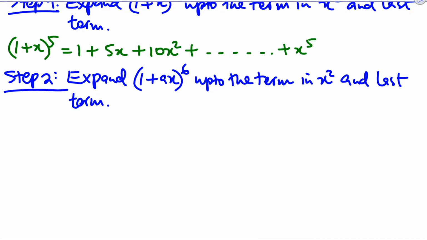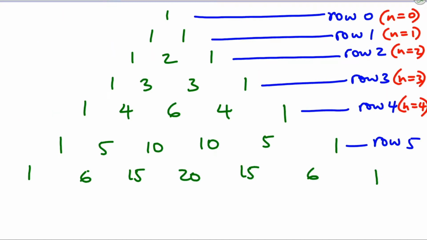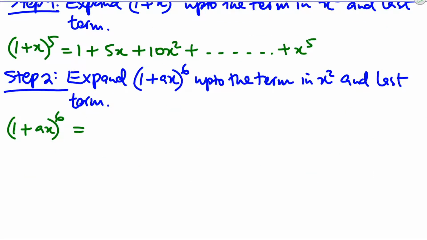So what I mean here is this. We are going to have (1 + ax)^6 being equal to, and the coefficients again are here, 1, 6, 15, 20, 15, 6, 1 from Pascal's triangle.